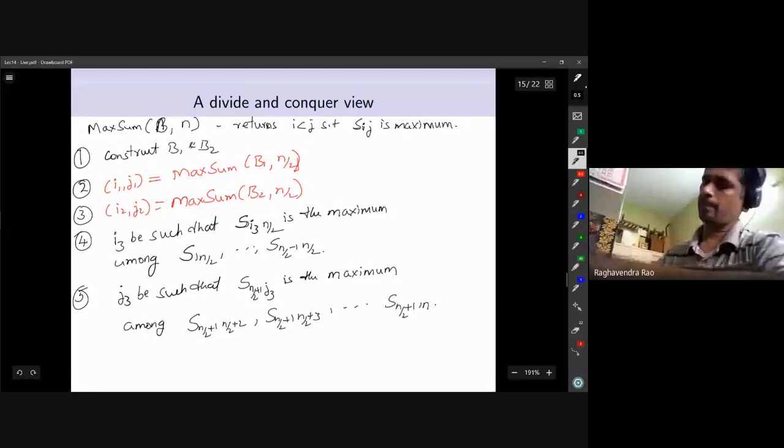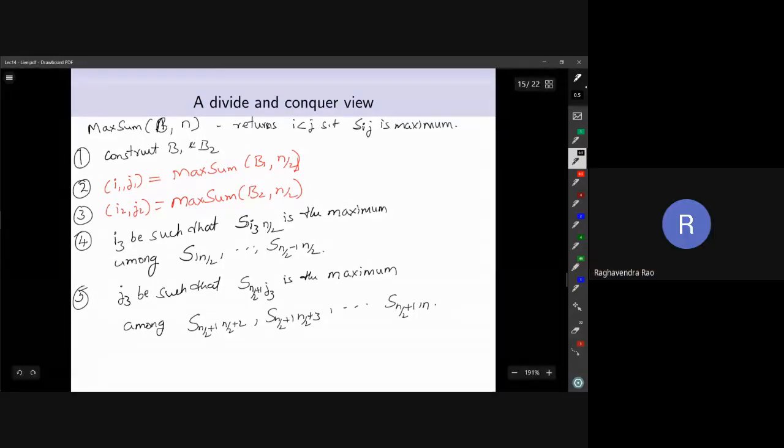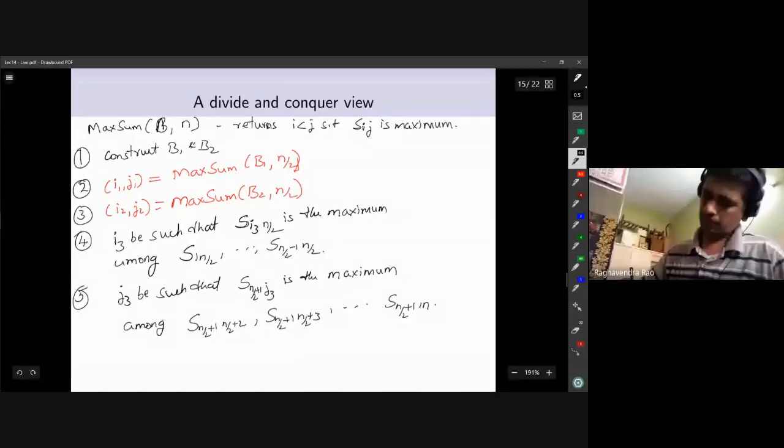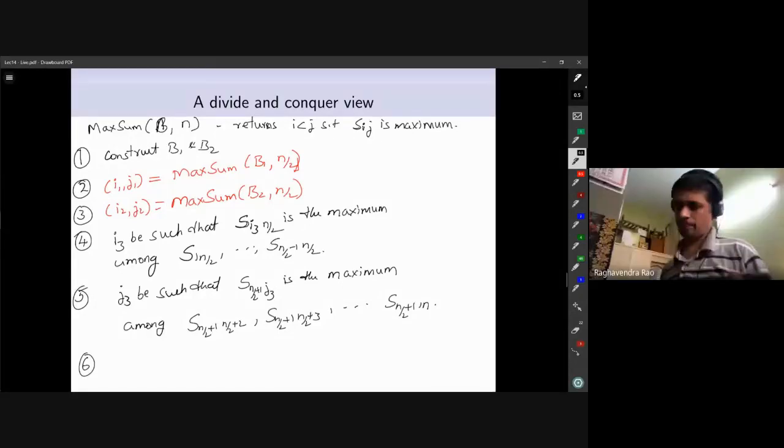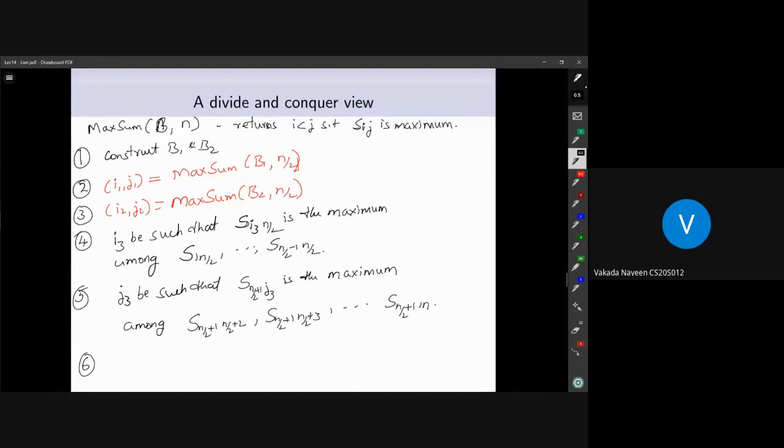So what is the last step? Can somebody tell me quickly? Maximum in these three pairs.